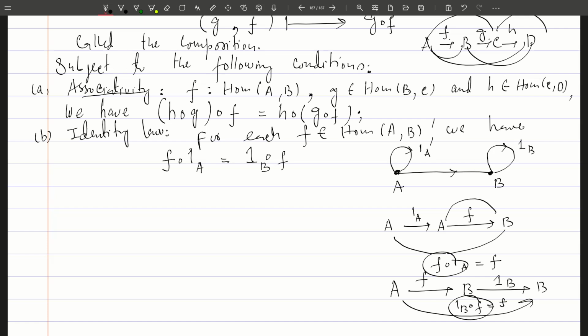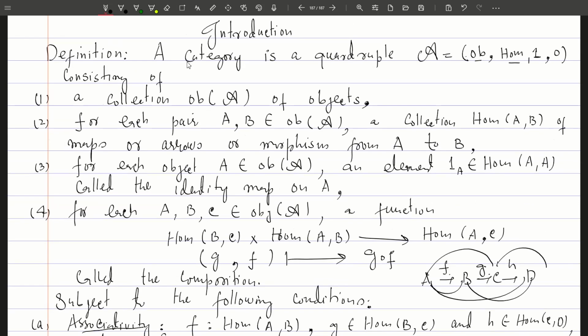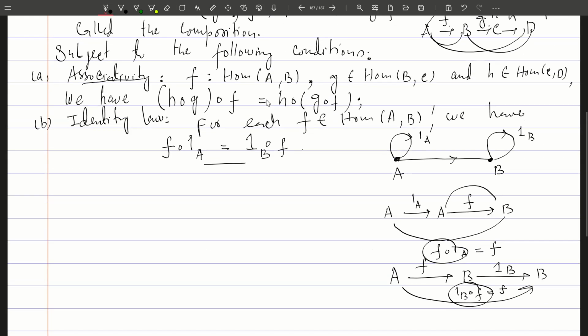This condition has to be satisfied, then the definition of a category makes sense.